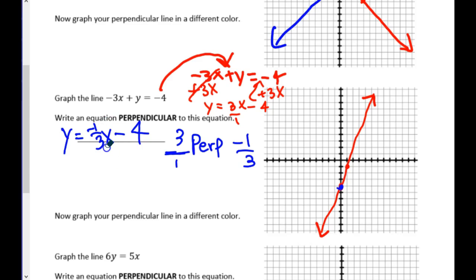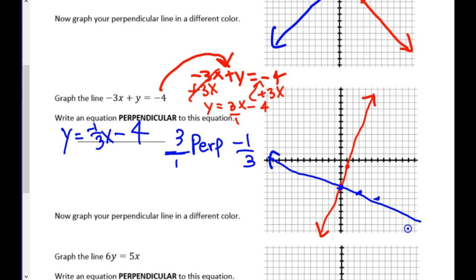Now, this time my slope is negative 1/3. So which way do I rise? Down 1, and then I run 3, which way? To the right. So down 1, right 3, boom. Go ahead and draw your perfectly straight line using your straight edge, and I will make an attempted straight line freehand.